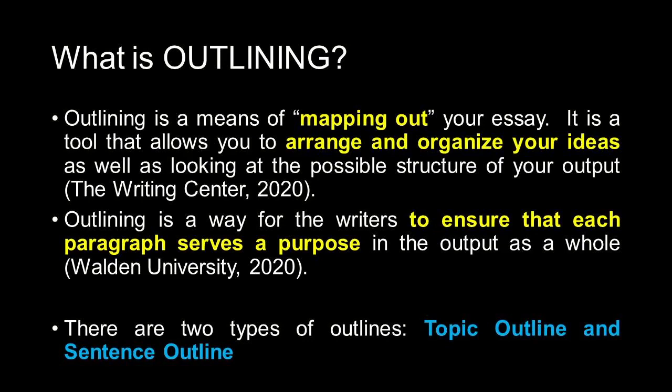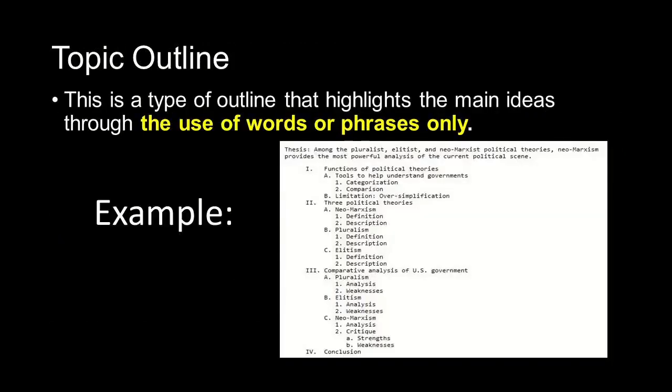And when we talk about outlining, there are two general types. The first one is the topic outline, and the second one is the sentence outline. So first up, the topic outline is the first kind of outline, and this kind of outline highlights the main ideas through the use of words and phrases.